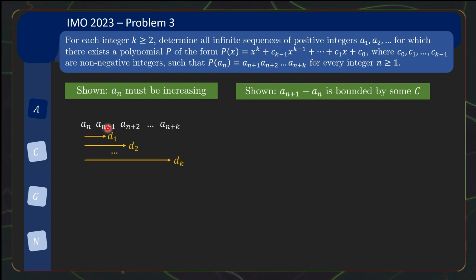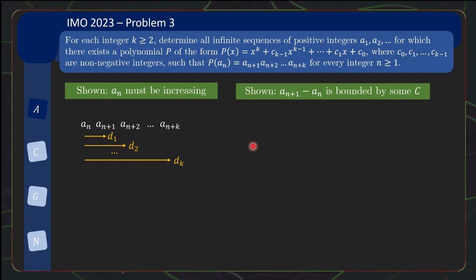If we think about the difference of the terms from a_n, we see that this is a jump of at most c, a jump of at most c, a jump of at most c, and so on. So d_i will be at most i times c. And this is very good. It seems that there's some control over this block.